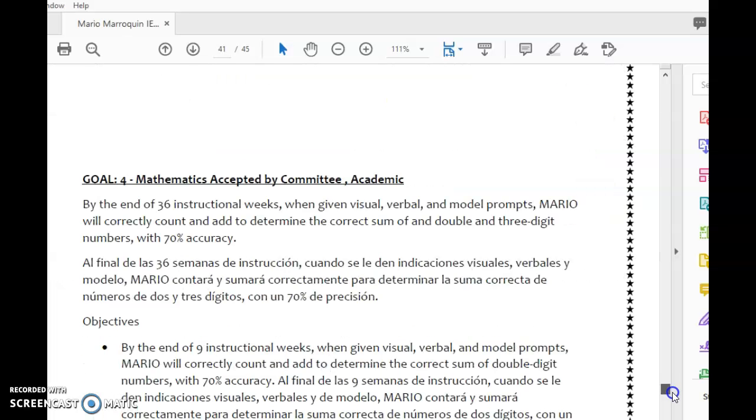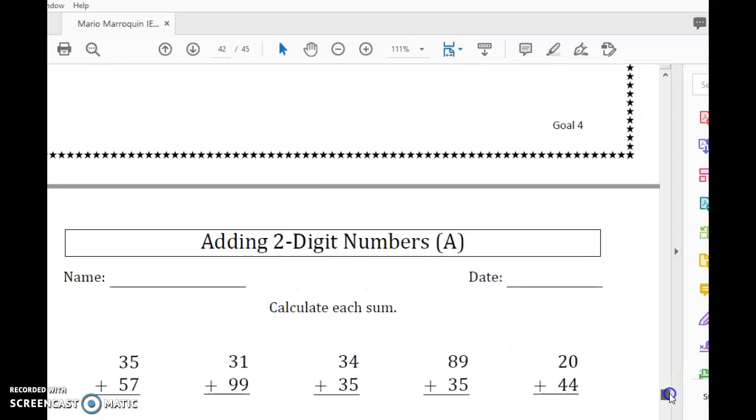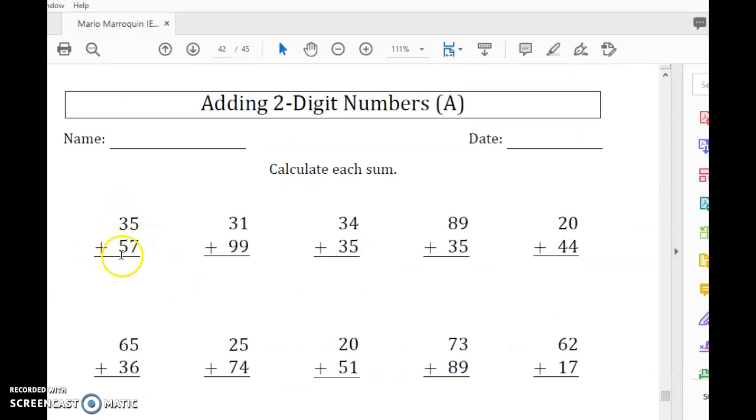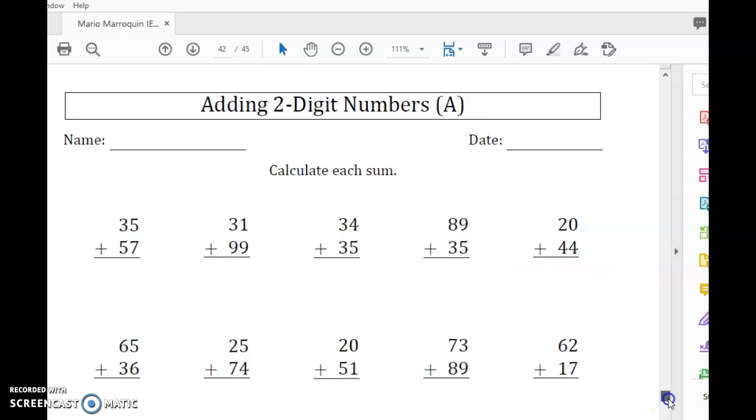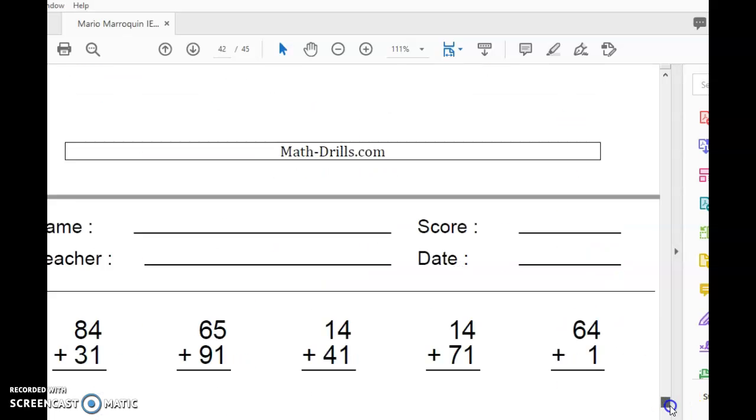And then we have goal number 4. For goal number 4, you, Mario, are going to correctly count and add to determine the correct sum of double-digit and 3-digit numbers. We've already done this at school. So you're going to be adding your 2-digit numbers.